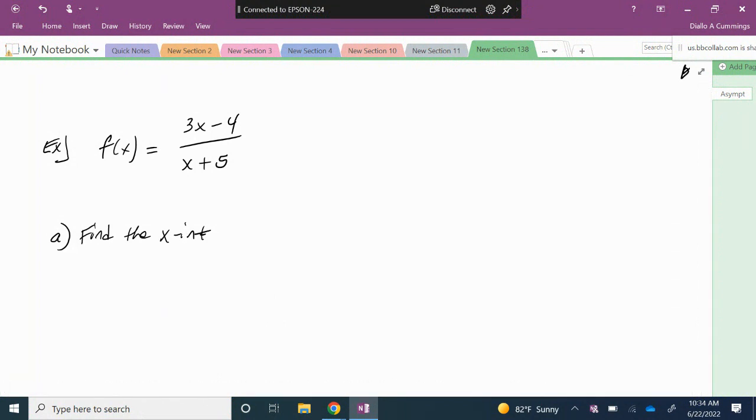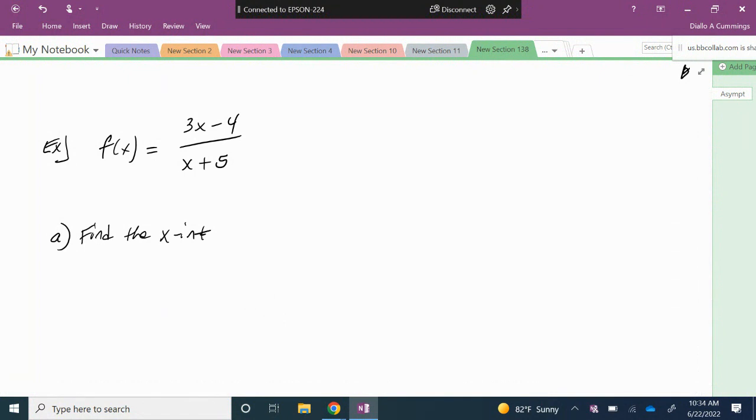All right, so how do we find the x-intercept? Keep in mind that the x-intercept is the same thing as a 0. It's the same thing as the solution to the equation. It's also the root.